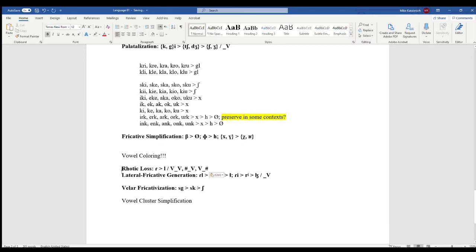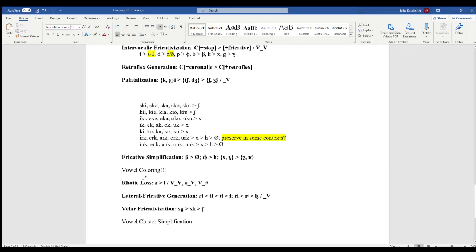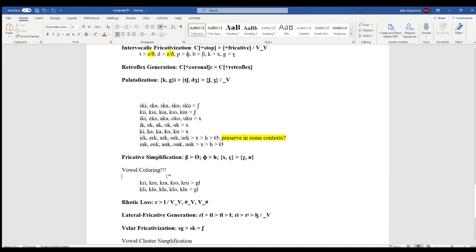This has to happen after the vowel coloring. Does that mean this has to happen after that? Maybe. Not necessarily. Maybe it drives that. Maybe this is part of like the loss of R.